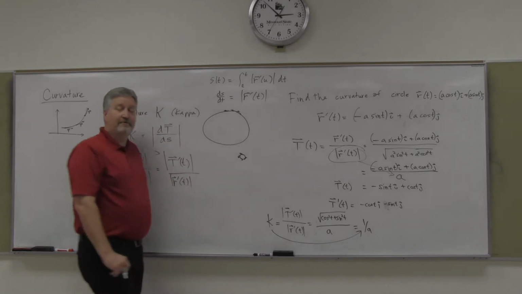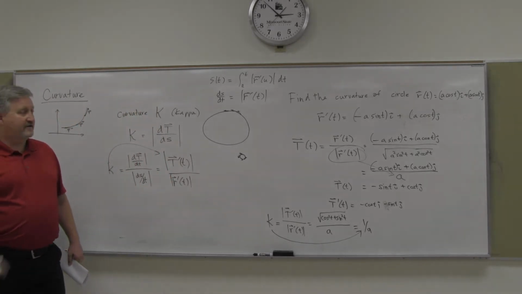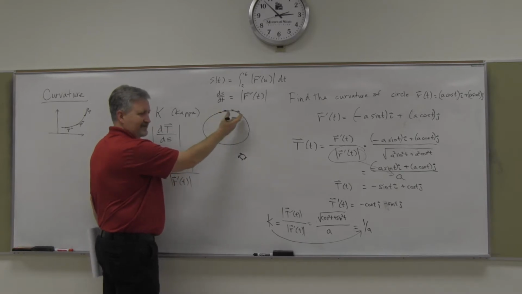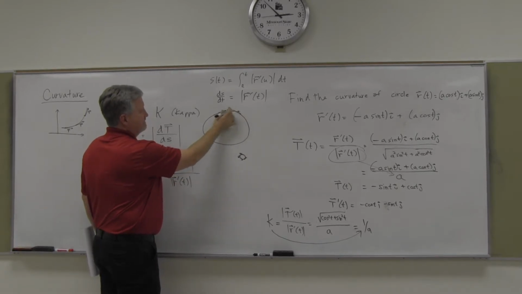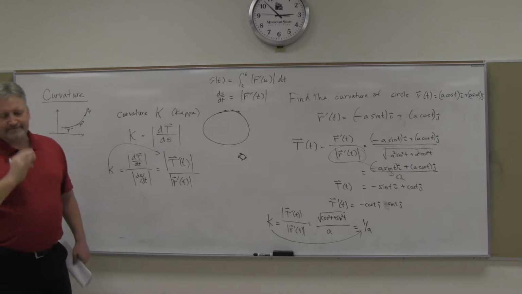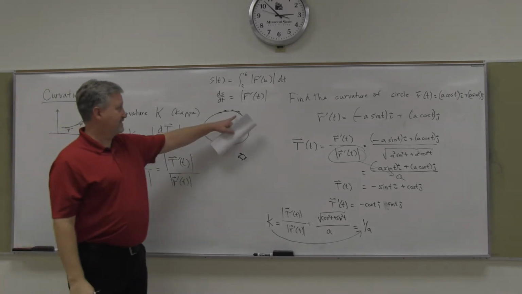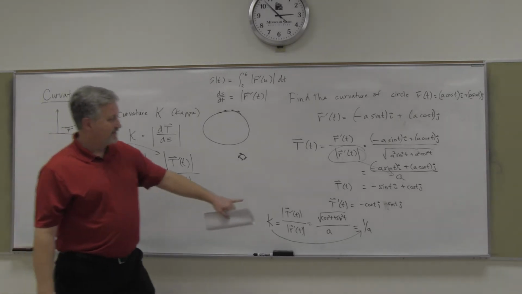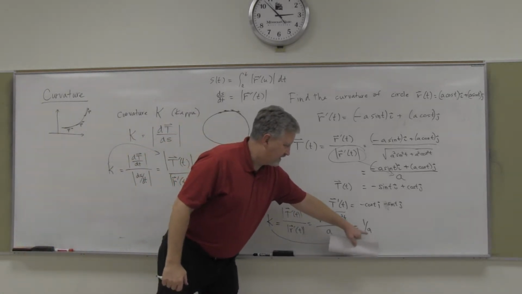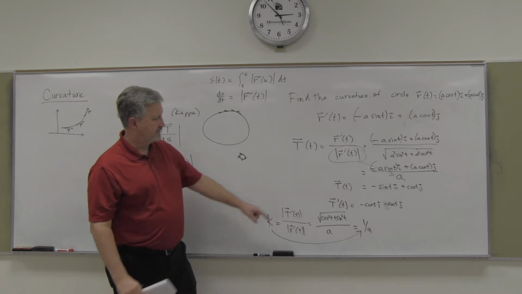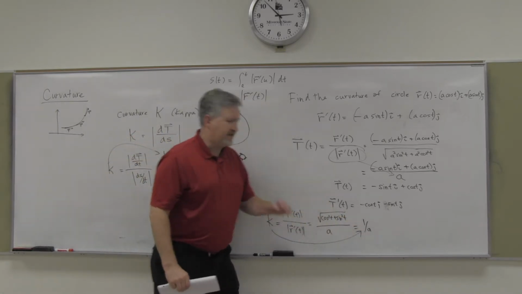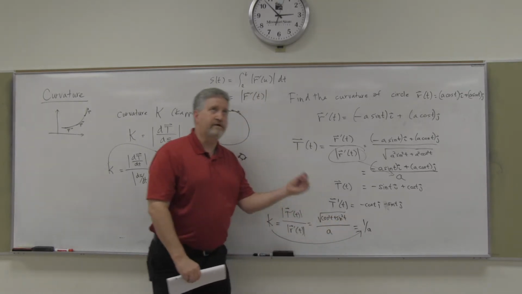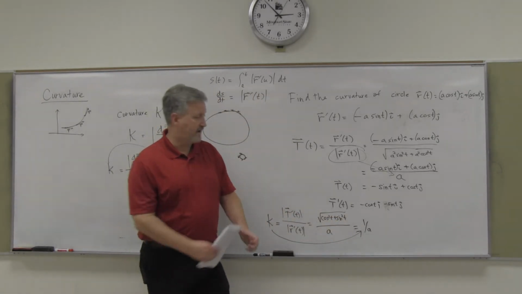So it's changing pretty quickly. However, with the same increments here, four equally spaced around there, the direction of the unit tangent vector has not changed very much. So that makes sense. If you have small a's, like a is a half, a is a third, that's going to give you 1 divided by a third or 1 divided by a half.